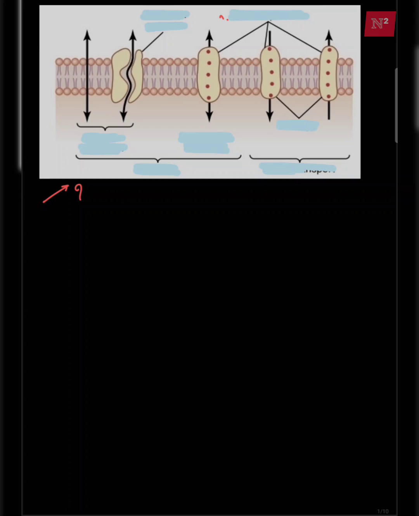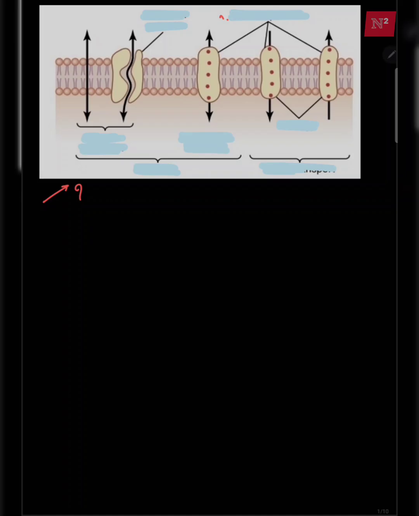Okay, so basically there are some substances which need to be transported from inside to outside, and some substances which need to be transported from outside to inside. So the cell needs some mechanics or some gateways to transport those substances.